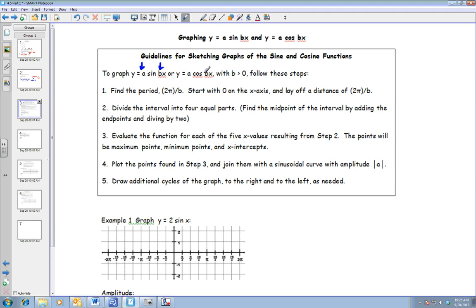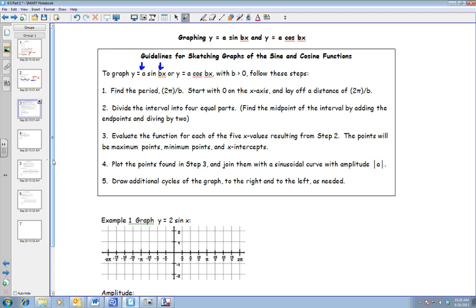If you have a number in front of your x, it's going to change your period. Your period would be 2 pi divided by that b, or by that number in front of your x. The a changes your amplitude. If you have a number in front of your sine or cosine, it changes the amplitude from 1 to whatever that number is.